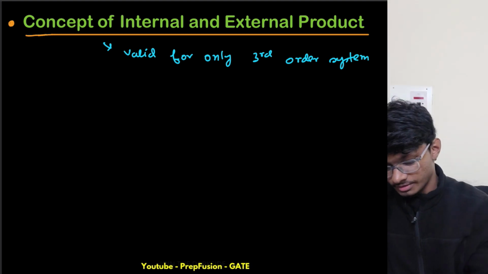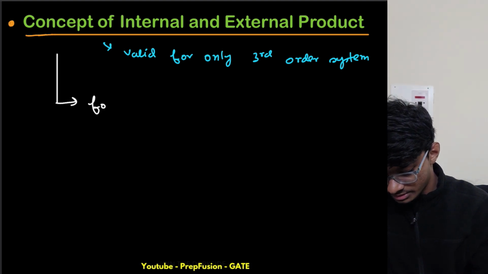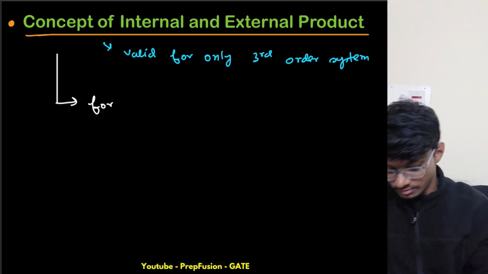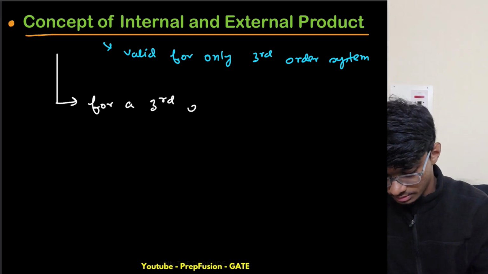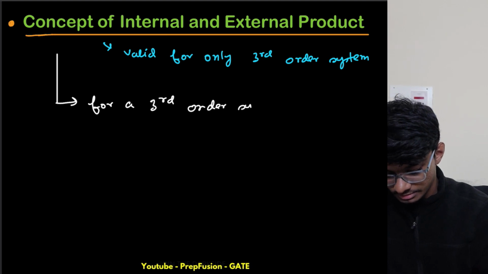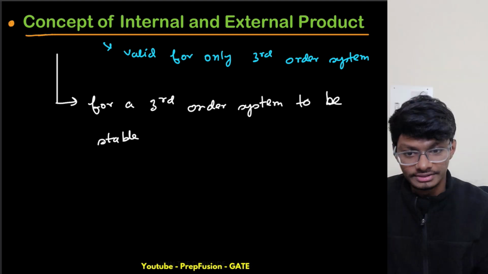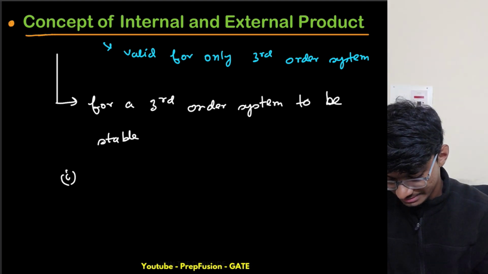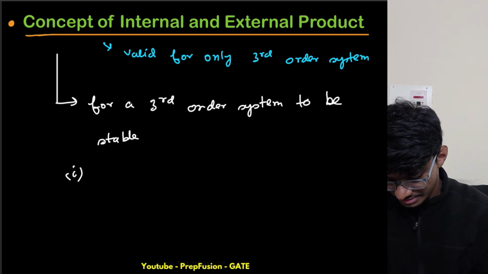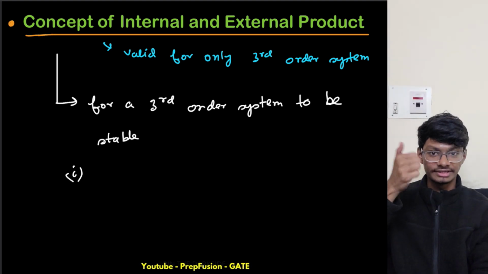Okay, so now what is happening? Basically, for a third order system to be stable, what does it mean? This means that all my coefficients, this is the first condition, the necessary condition, we already know this.